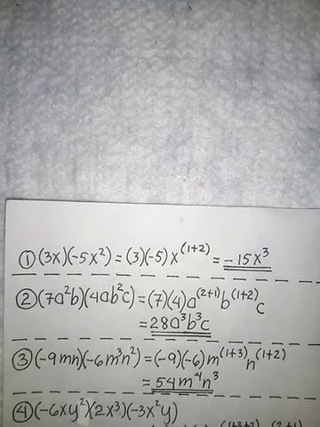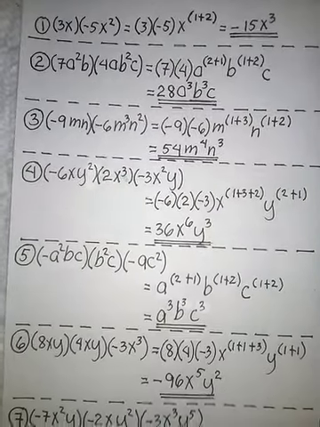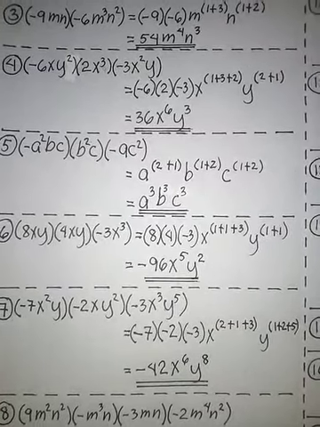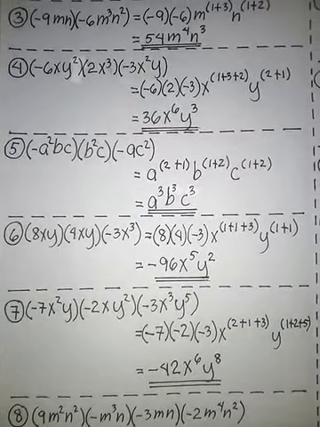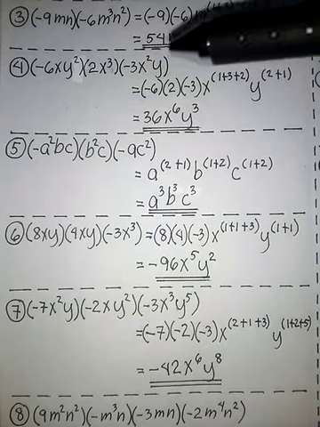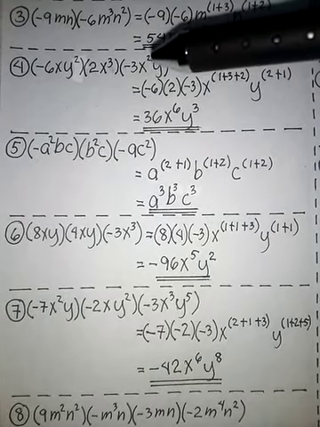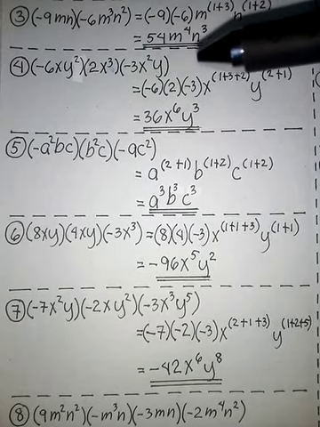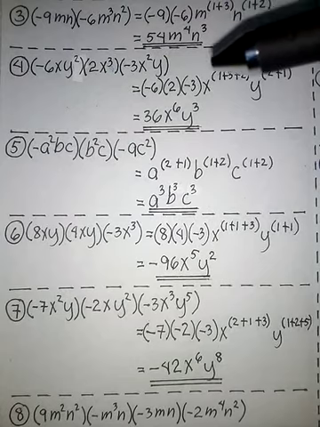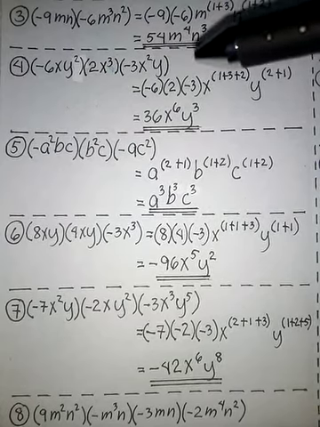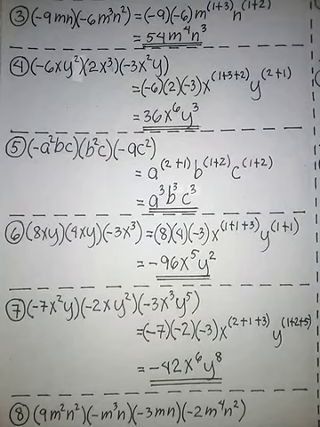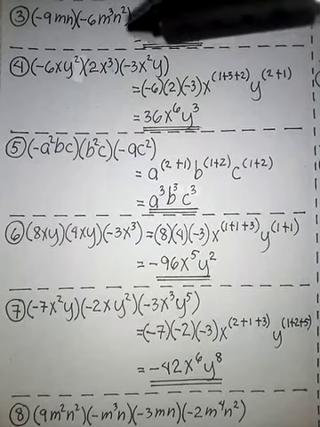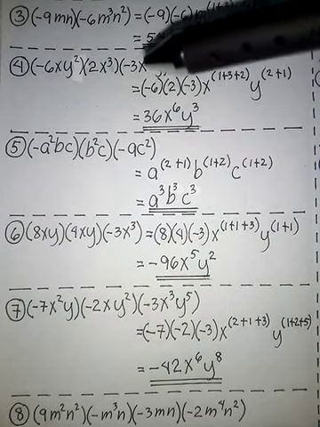Okay. So, let's have some more. In number 4, we have negative 6xy squared multiplied by 2x cubed multiplied by negative 3x squared y. By the way, you can multiply as many monomials as possible simultaneously. Like this one, we already have 3 monomials multiplied to each other simultaneously.